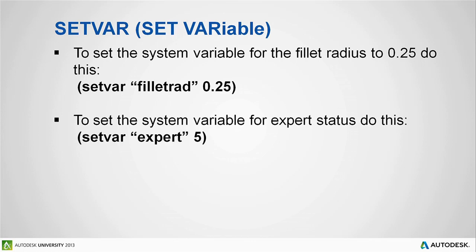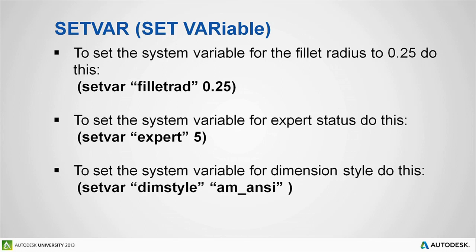Now here's maybe something that I might actually do. You ever wish you could turn off all those "are you sure" type of prompts? Well, if you set the EXPERT variable up to 5, that will tend to suppress those prompts. So I do, at least on my own machine, I tend to do that. Let's say you wanted to make sure the current dim style was set in a particular way. That's how you do that.